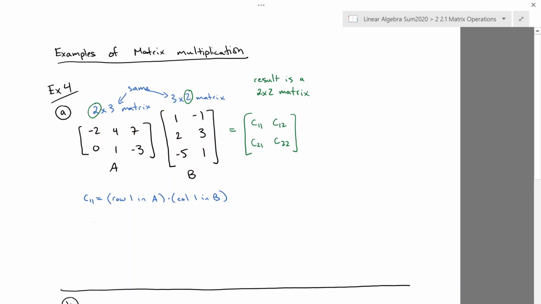And it's the dot product, so let's write it out. You multiply the corresponding entries and then add them all together. So -2 times 1, plus 4 times 2, plus 7 times -5.